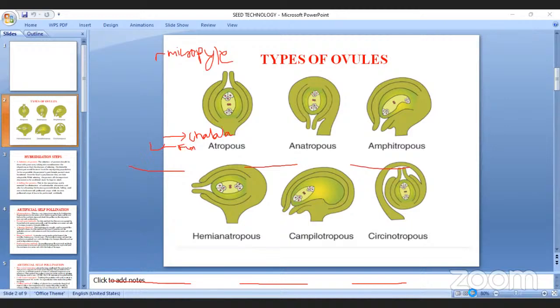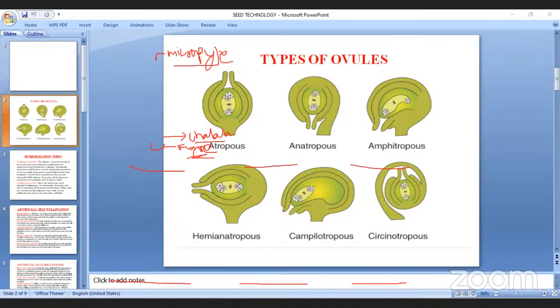I clearly explained the structure of the ovule, and this is called the funicle. So remember this micropyle, chalaza, and funicle. Based on this, we can classify the ovules.